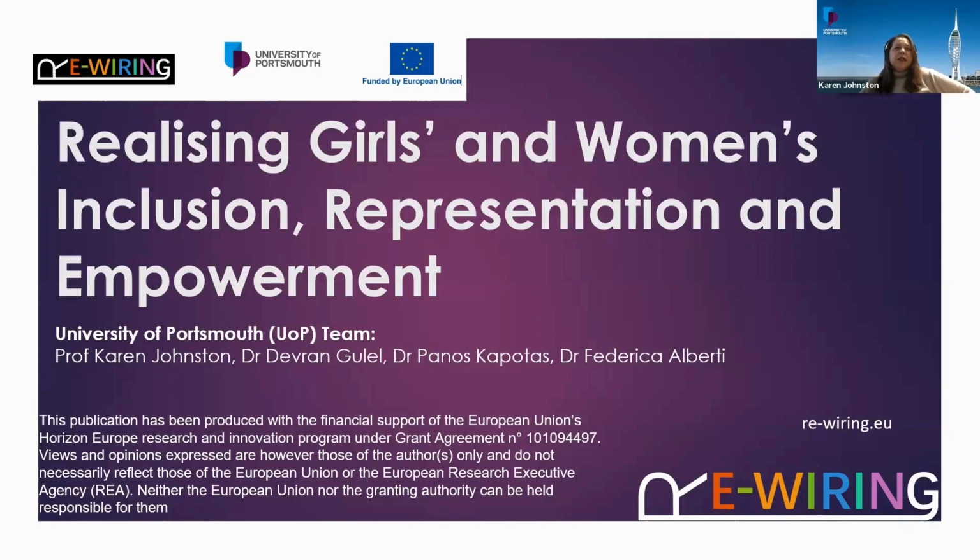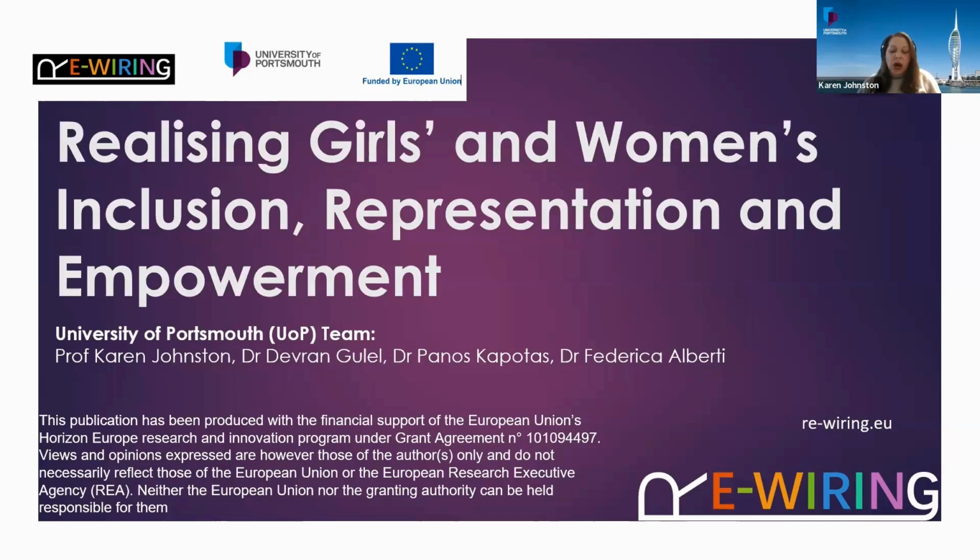Our project is about gender equality, essentially, and its title is Realizing Girls and Women Inclusion, Representation and Empowerment. And we're not going to talk about the project, but we're going to talk about our top tips. And I think our first top tip would be a title, and a catchy title, and also an acronym that encapsulates your project.